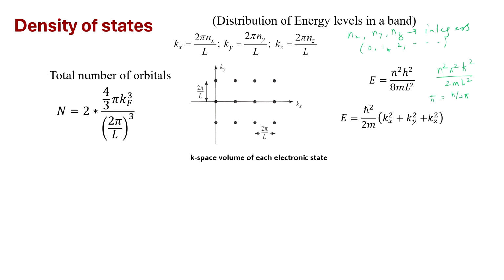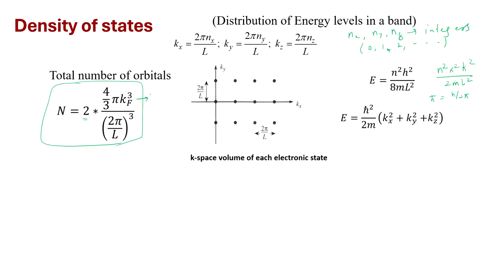So, we can say that total number of orbitals which are present inside a material is nothing but the volume of a sphere, which is 4 by 3 pi kf cube, divided by the volume of each state, which is 2 pi divided by L cube. And if I multiply it by 2, because the electron has 2 spins, one spin up, one spin down, if I consider the factor of spin, then total number of possible orbitals is N equal to 2 into volume of Fermi sphere divided by the volume of individual k state.